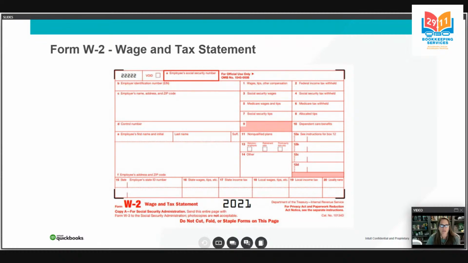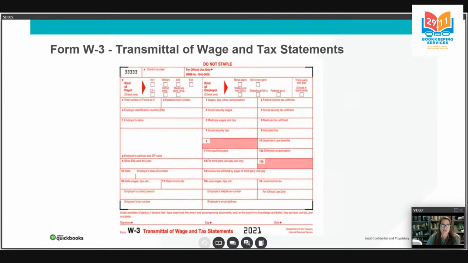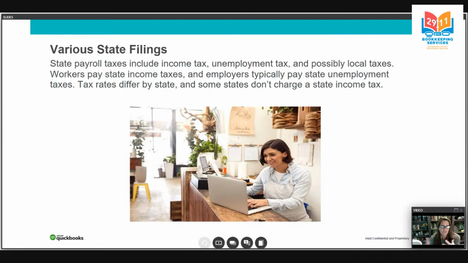This is what was paid in for Social Security, Medicare, all of that good stuff. It's also going to show the state wages and the state taxes as well. Form W-3, this is basically a summary of all of the W-2s, and you're going to file this with all of those W-2s. And then you have various state filings, including income tax, unemployment tax, any local taxes.